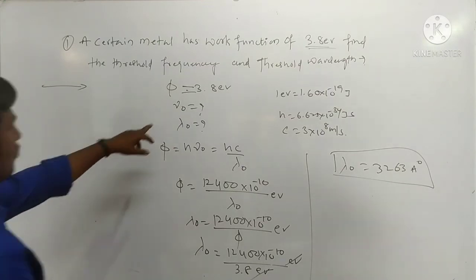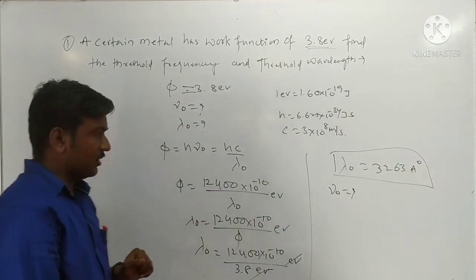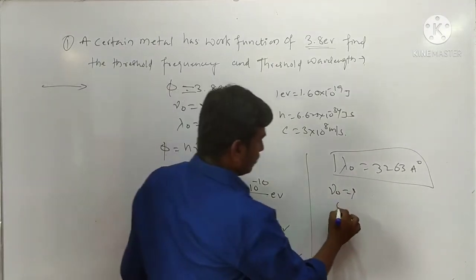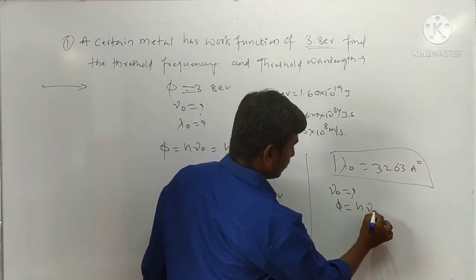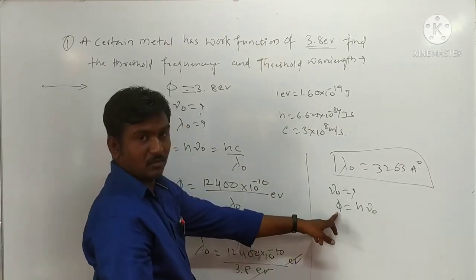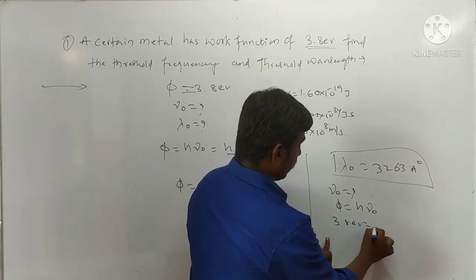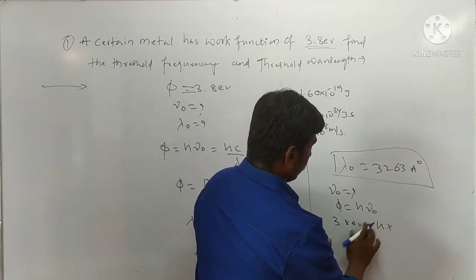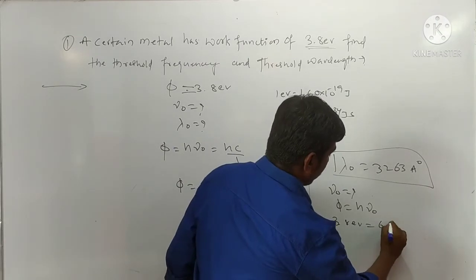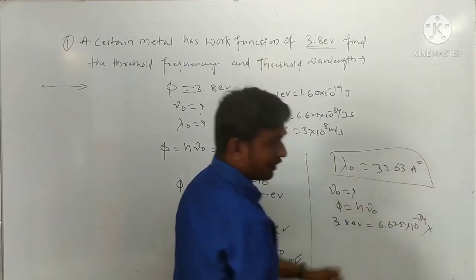Okay, next we have to find out the threshold frequency. You know the energy, nu naught, right? The energy is nothing but the work function. So phi naught is 3.8 electron volt equal to h, 6.625 into 10 power minus 34, multiplied by nu naught.